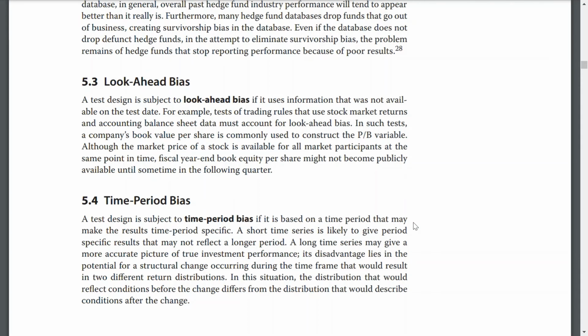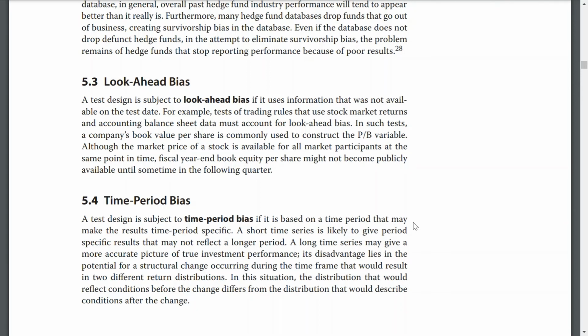5.3 Look-ahead bias. A test design is subject to look-ahead bias if it uses information that was not available on the tested date. For example, tests of trading rules based on stock market returns and accounting balance sheet data must account for look-ahead bias in such tests.